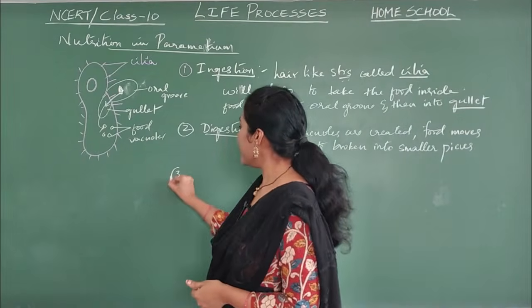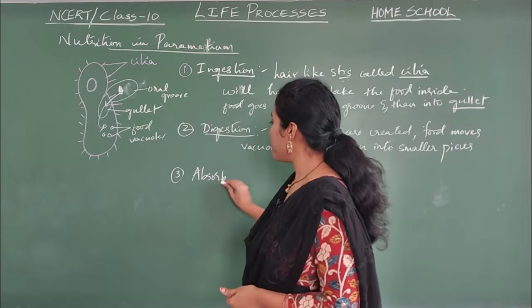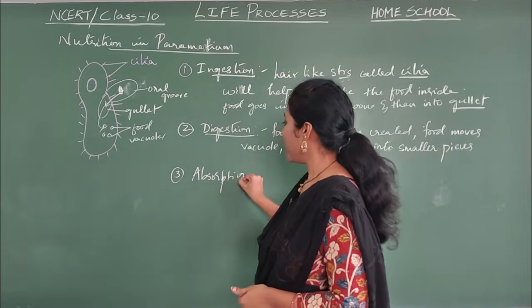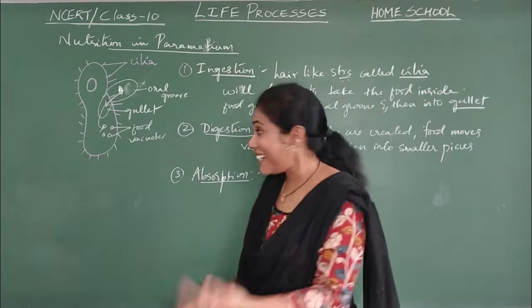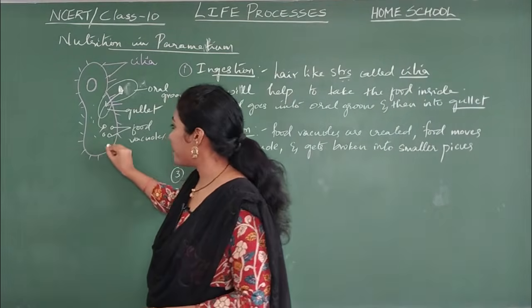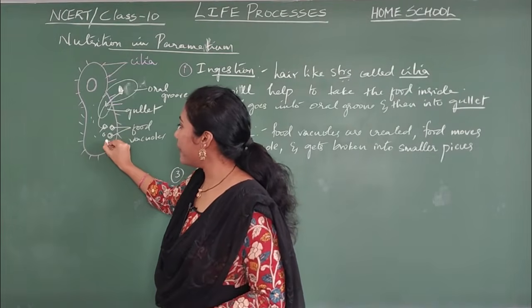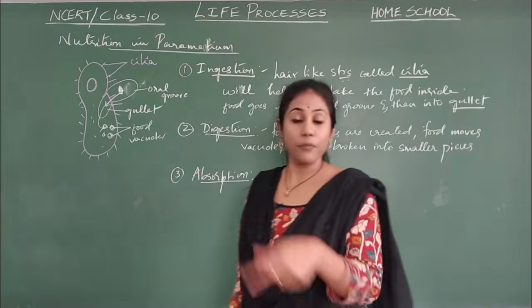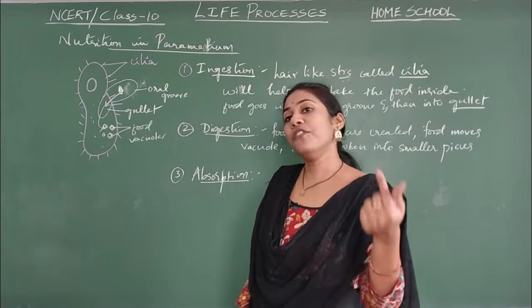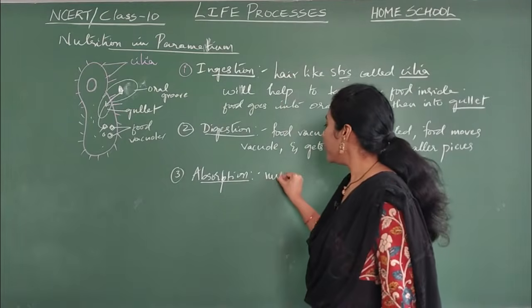And coming to the third step, absorption. So what happens in absorption? The nutrients get diffused into the cytoplasm. These are food vacuoles. Here the breaking process is happening. Again the nutrients will shift towards the cytoplasm from the food vacuole, and the food vacuole later disappears. So what can I write here?